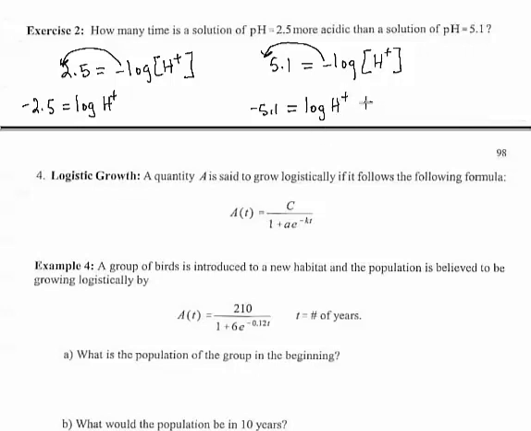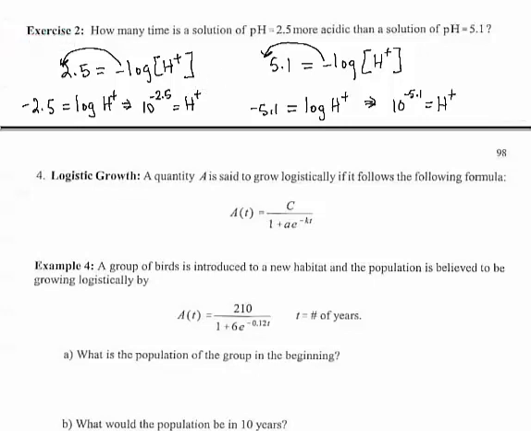So we convert both to an exponential. Common log has a base of 10, so this would be the base of our exponent. And so we write 10 to the negative 5.1 equals H plus. And same procedure with the 2.5 pH solution: we have 10 to the negative 2.5 equals H plus.